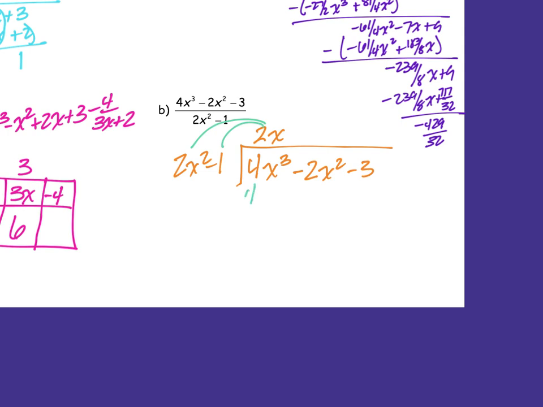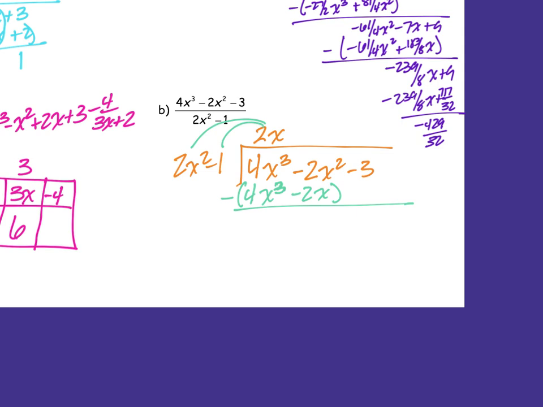So I get 4x cubed minus 2x, right? And then I'm going to subtract it. That's what we do with long division. It's just the steps that are the same: divide, multiply, add, subtract.